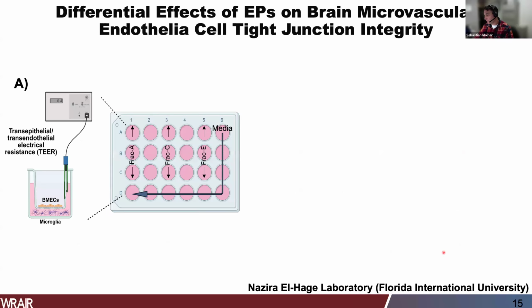And in collaboration with Florida International University, with Nazira El-Hage's laboratory, we did a transendothelial electrical resistance experiment where brain microvascular endothelial cells were treated with fractions A, C, and E, and the resistance across the transwell was measured.